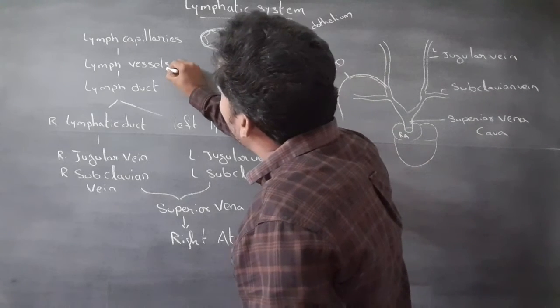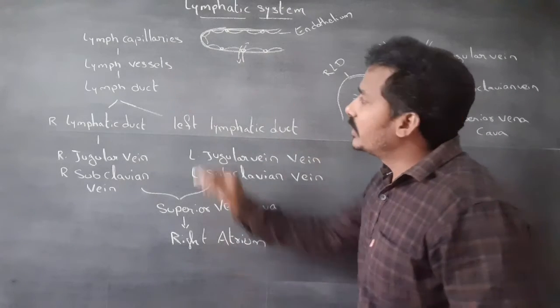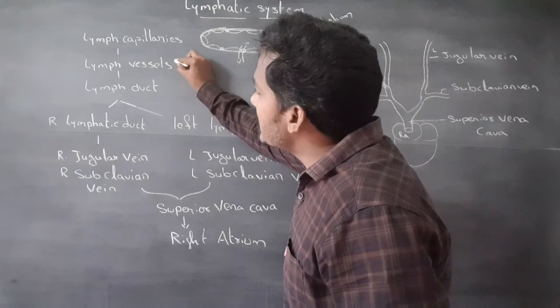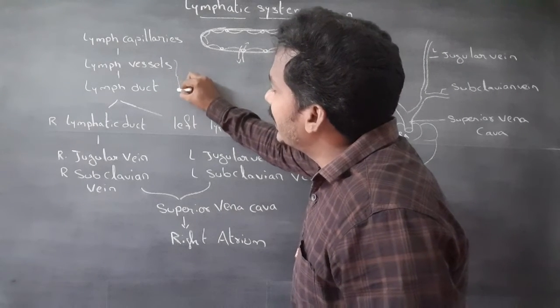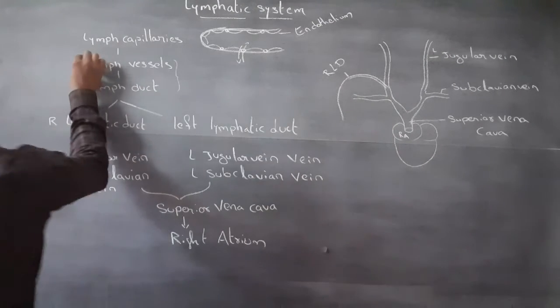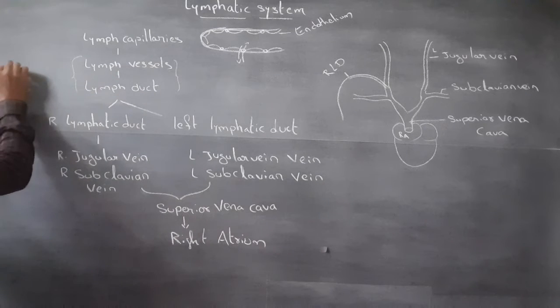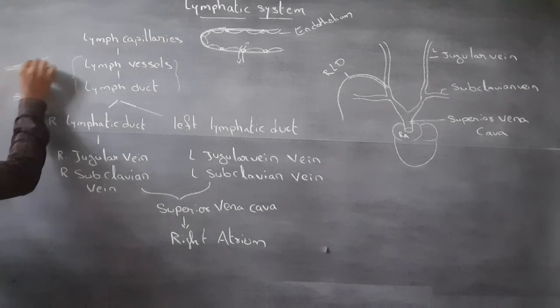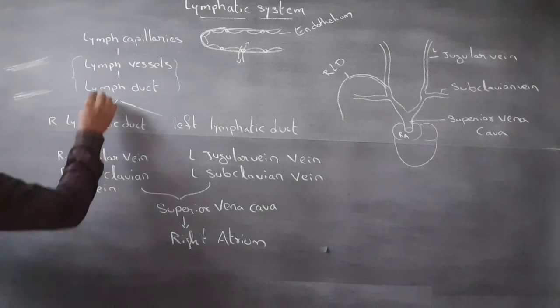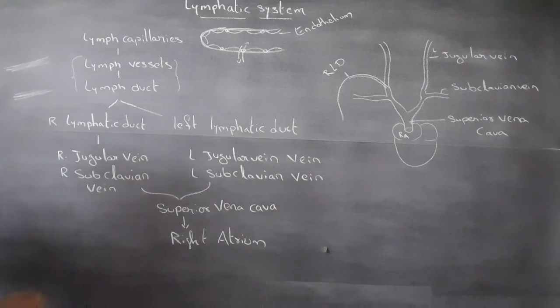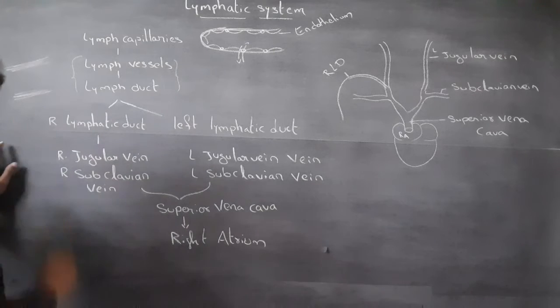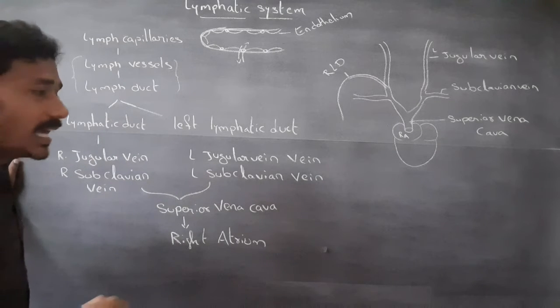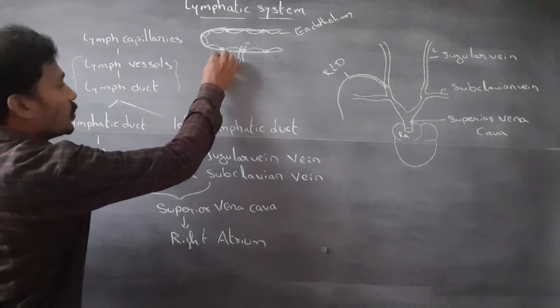Next, lymph vessels and lymph ducts contain smooth muscle. Smooth muscle helps in peristaltic movement.